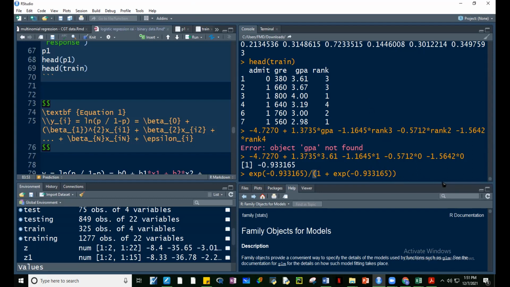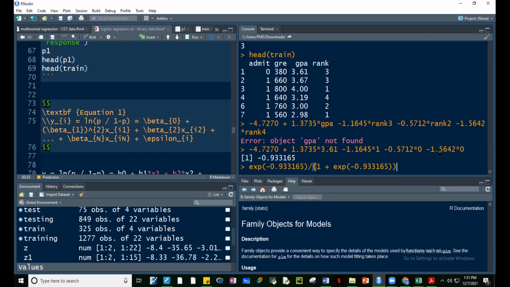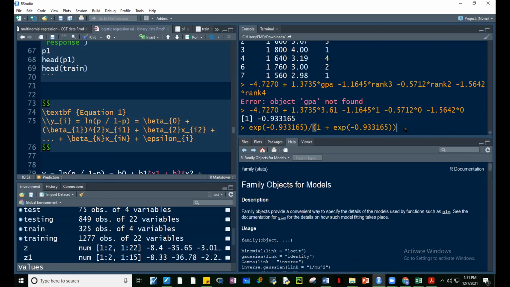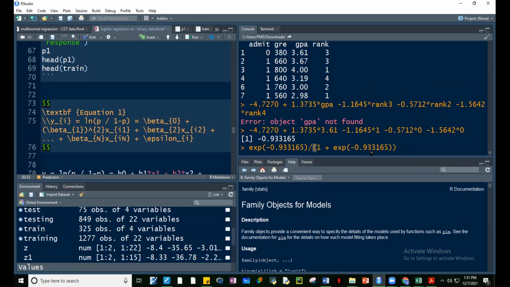Ano yung probability of being admitted? Okay, sige, pause muna tayo. I'm sure you're still doing the formula. I think I didn't give you time to run this. Okay, let's see, guys.